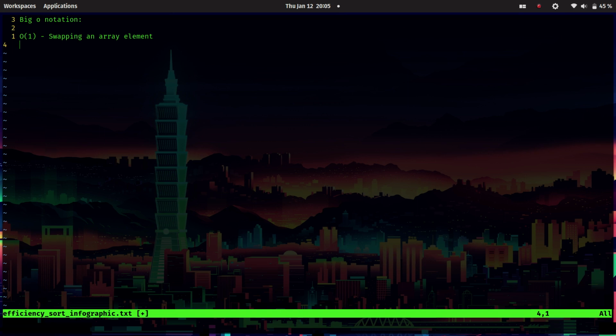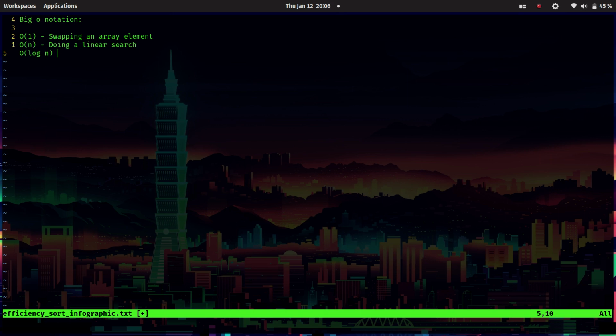The next one is O(n), which scales with the size of the list, something like doing a linear search. Then the next one is O(log n), which takes logarithmic time.